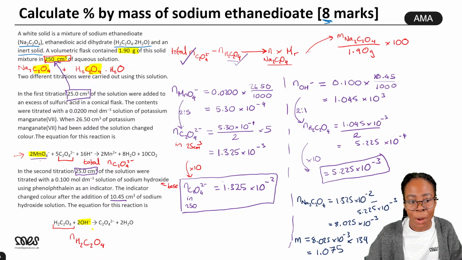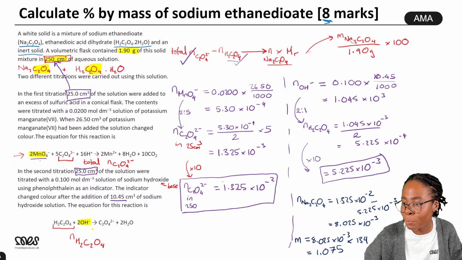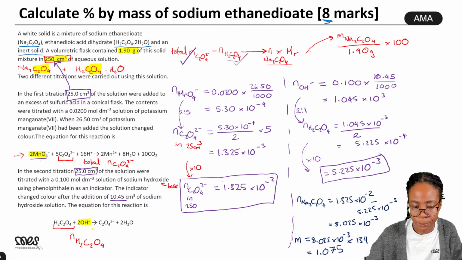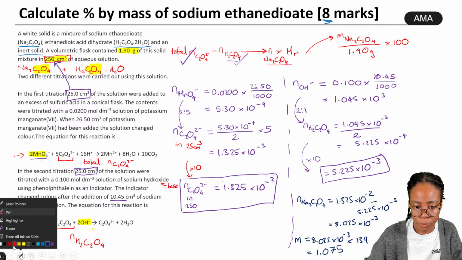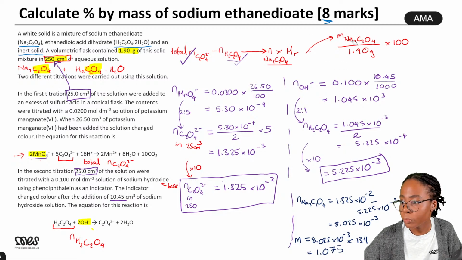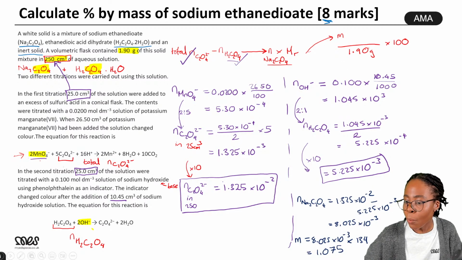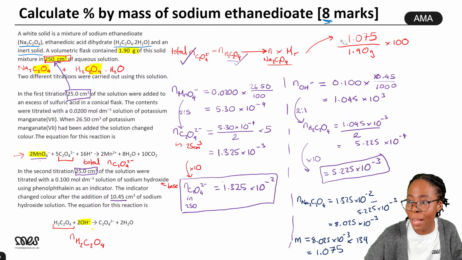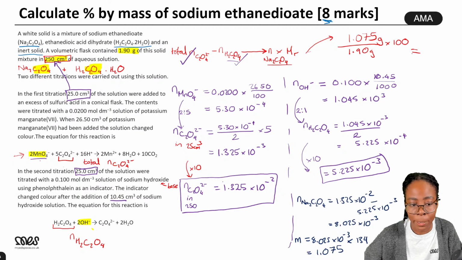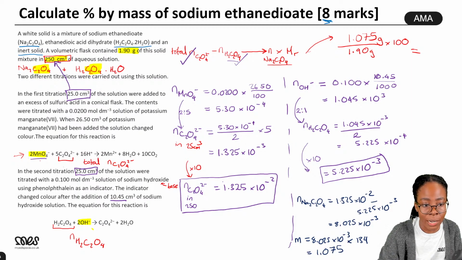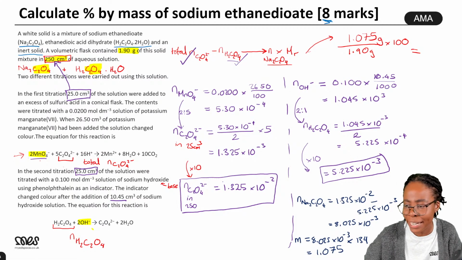So now to get our final answer, our mass is 1.075 divided by the original mass of the whole sample, 1.90, multiplied by 100 to give us, yeah, who said 56.6% ages ago? Who was that?